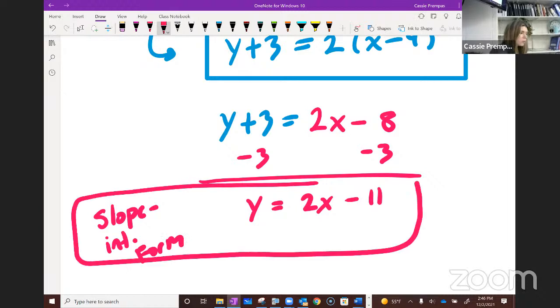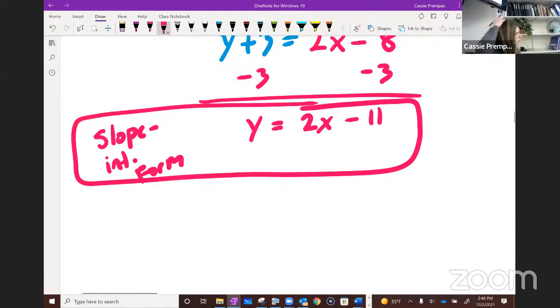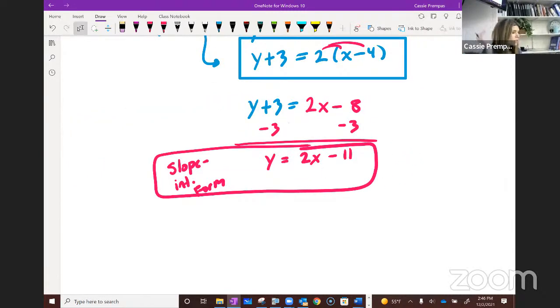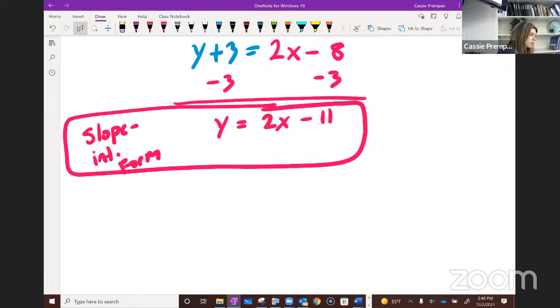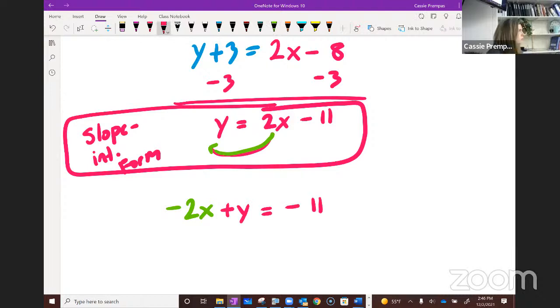I am 2/3 of the way complete. What is the last form I need to put it into? Standard. Which variable comes first in standard? The a with the x. Good. So what am I going to do with 2x? Subtract it to the other side. So I'll have negative 2x plus y is equal to negative 11.